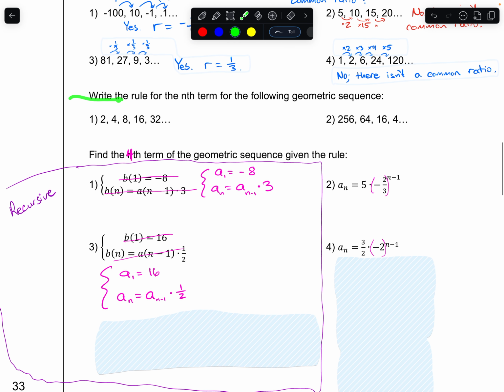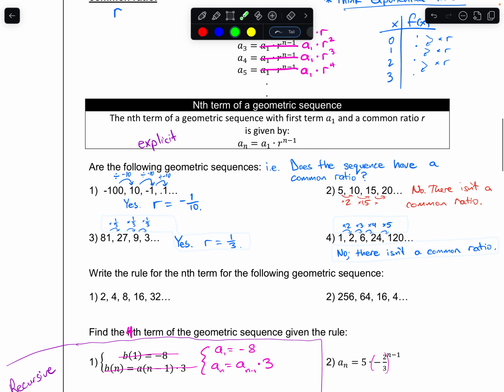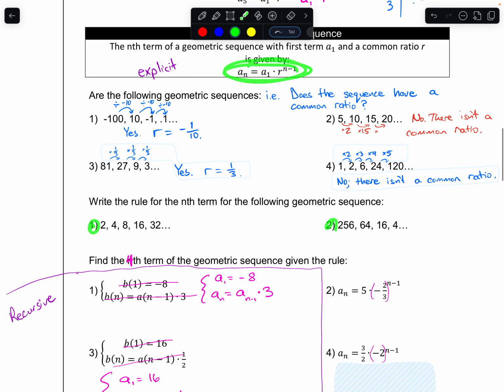All right, moving on. Write the rule for the nth term. So we're going to write something like this for numbers 1 and 2 here. Again, we just need to pick out our first term. A sub 1 is 2. And then, since we're multiplying by 2 every single time, our common ratio is 2.